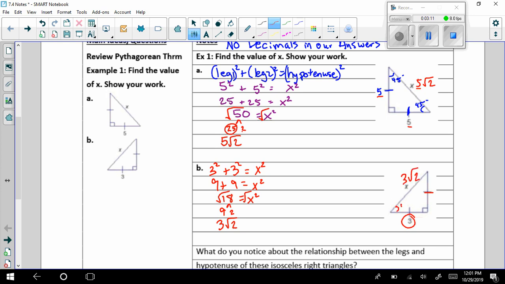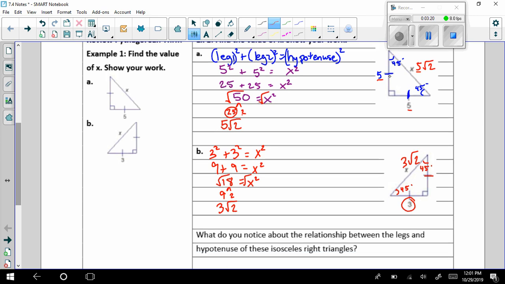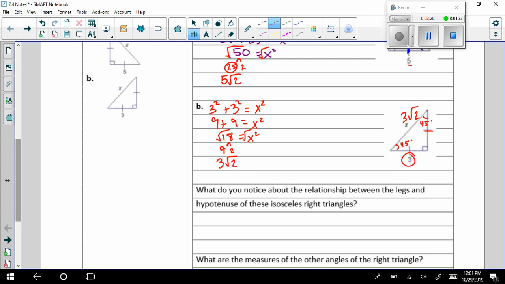So every time we have a 45, 45, 90 triangle, what do you notice about the length of the legs and the length of the hypotenuse? The relationship between the legs and the hypotenuse in these isosceles right triangles, which is a 45, 45, 90 triangle. Every right isosceles triangle is a 45, 45, 90 triangle.